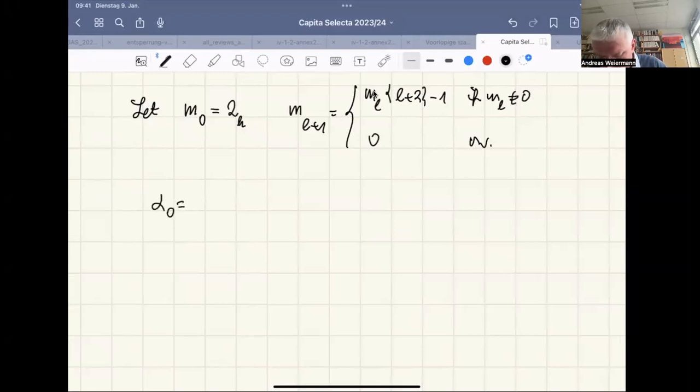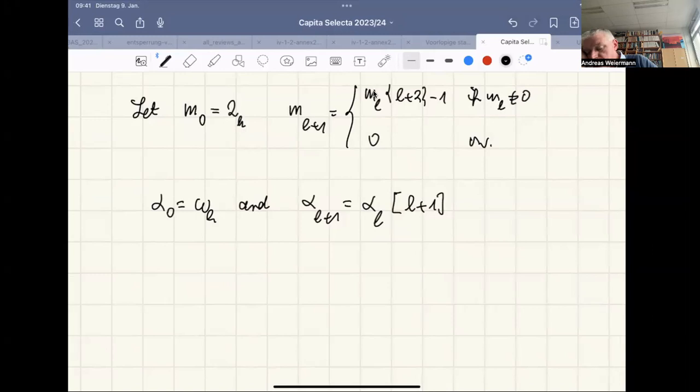Let alpha 0 be equal to omega K, and alpha L plus 1 be equal to, take alpha L, and now it doesn't really matter, I think I take here L plus 1 for L, but this is not so important. What is important is that we form the ordinals associated to a hydra battle. So at every step L, we get in the fundamental sequence one step higher, proportional to L.